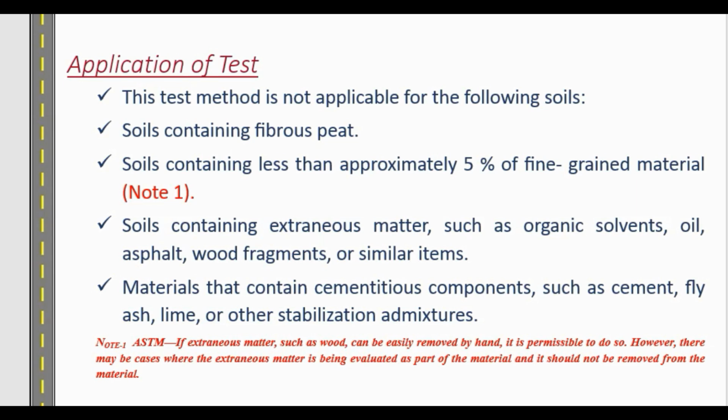Soil containing organic matter such as oil, asphalt and other items is not applicable for the hydrometer test. On the other hand, soil stabilization admixtures like cement and fly ash are also not applicable for the hydrometer test.